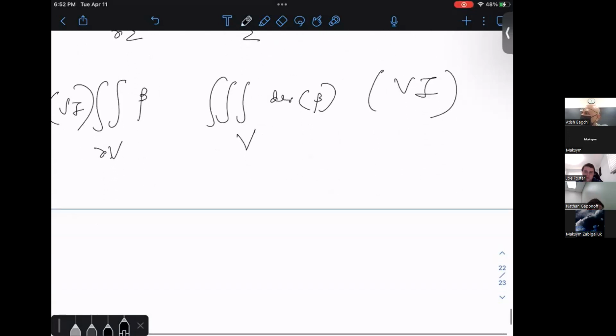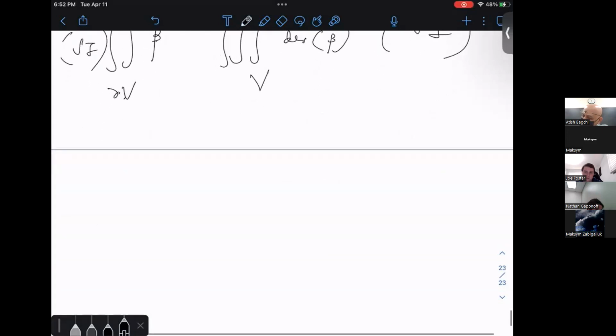Okay. And in the plane, all these are called Stokes theorem, basically. In the plane, you take a surface integral over the plane, and then you go around the boundary. All these are Stokes theorem, basically, various types.